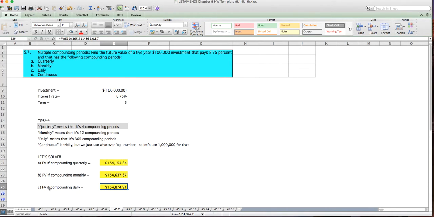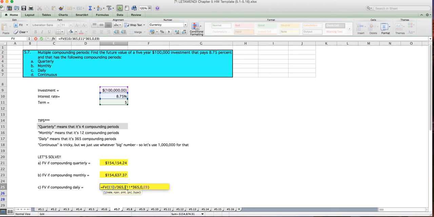Anyways, so future value of compounding daily. We do equals future value, open parentheses, and then the rate is going to be 8.75% divided by 365. Why? Because it's compounding 365 times in a year. Comma.